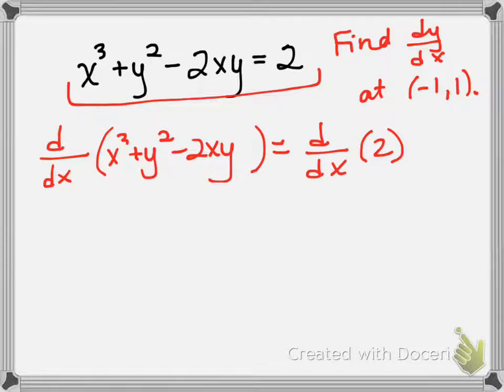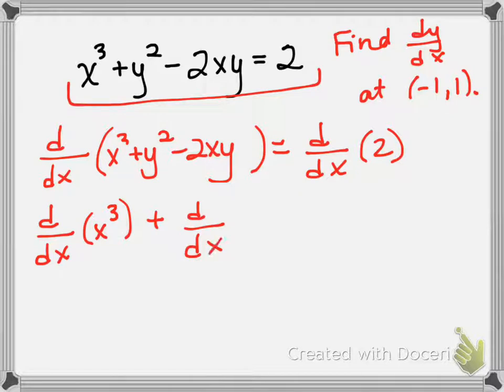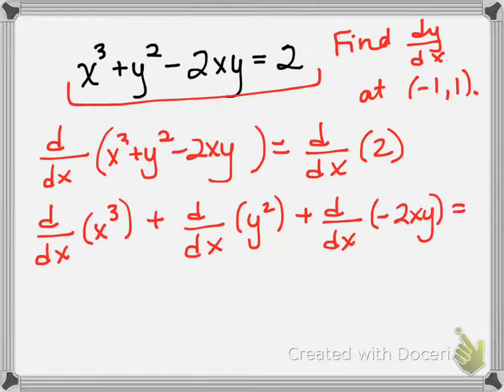So we're going to distribute this derivative because the derivative of a sum is the sum of the derivatives. And the derivative of 2 with respect to x, that's the derivative of a constant, that's just 0. Now let's take each term. The derivative of x cubed with respect to x is 3x squared.